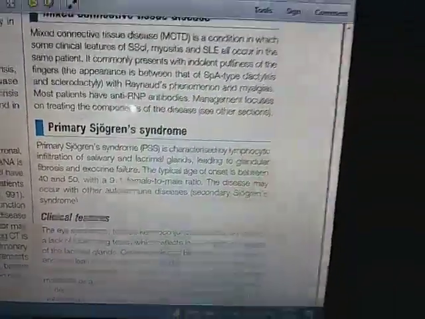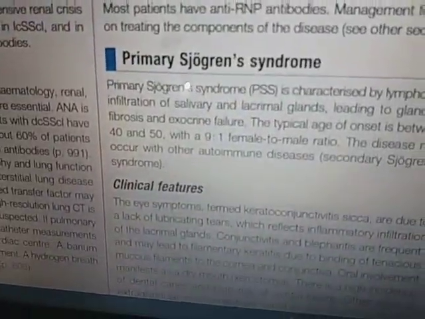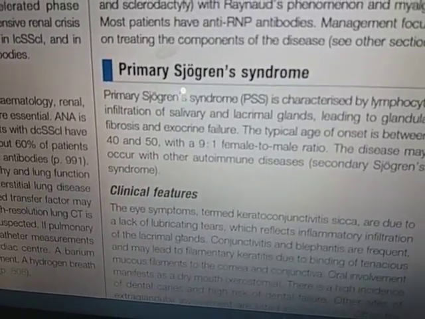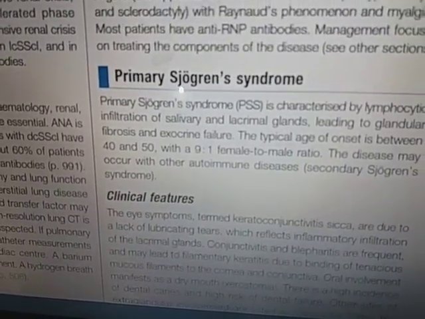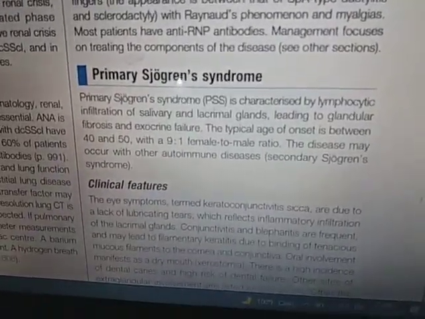In the genital tract, vaginal dryness may lead to atrophic vaginitis and secondary fungal infections. Other features: lymphadenopathy, splenomegaly, and peripheral neuropathy.